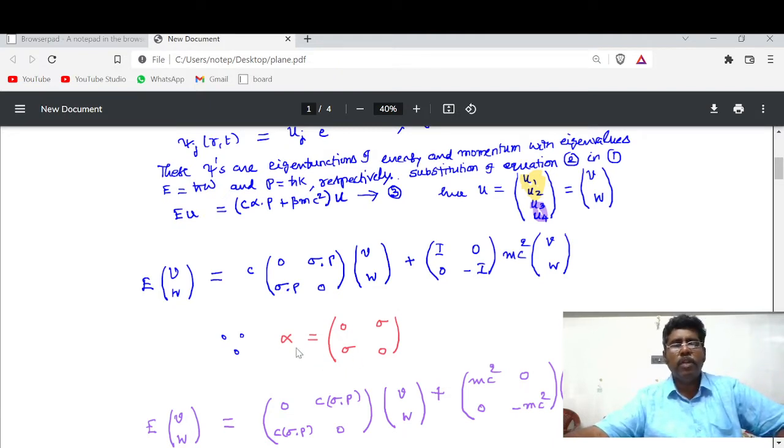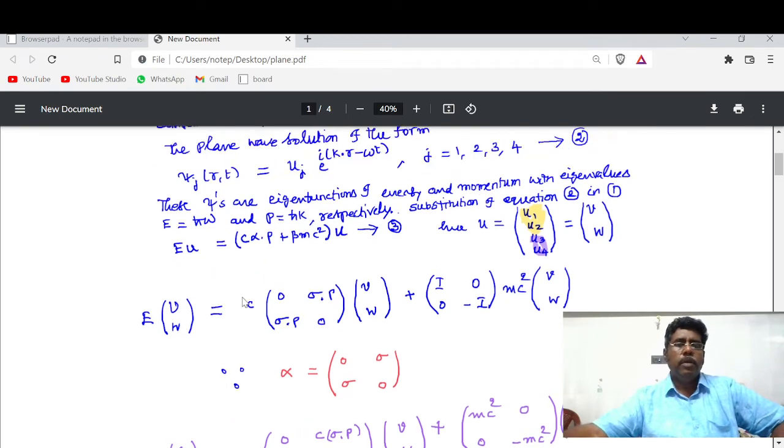Therefore, in general, alpha equal to [0 sigma; sigma 0], so alpha dot p equal to [0 sigma dot p; sigma dot p 0]. Here, sigma is our Pauli spin matrix, which is 2 by 2 in form. So the 4 element column matrix is reduced into column matrices with 2 elements. Actually, the dimension is 2 by 1, whereas this dimension is 4 by 1.